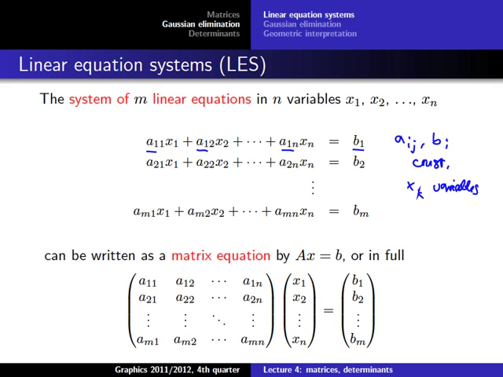Now, the question is, of course, why are we discussing this in a lecture about matrices? And the reason is that you can write them in matrix notation, and then you can solve them quite nicely. The matrix representation of this linear equation system is given like this here. You basically group all the constant values, the aij's, and you group all the constant values b on the right side, make a vector out of it or a matrix, and then you take the variables and write them also in a vector.